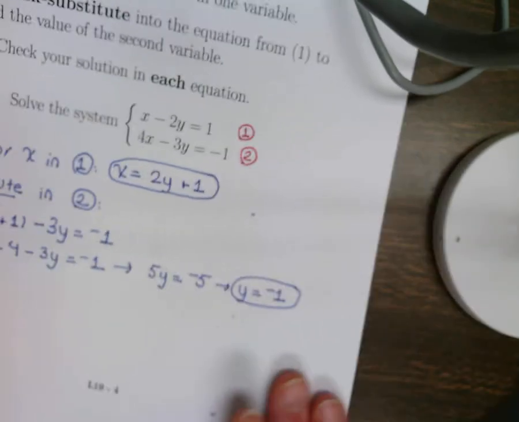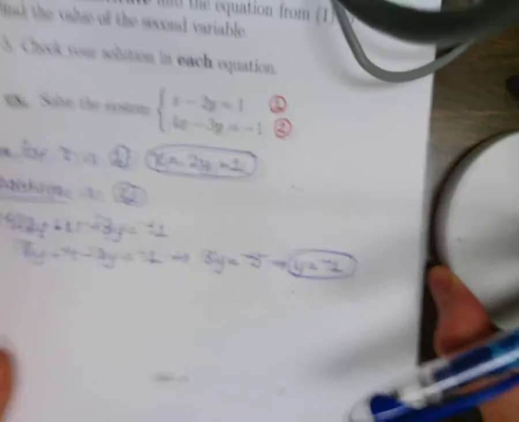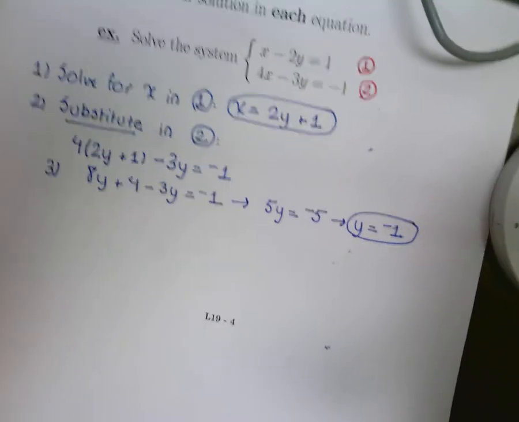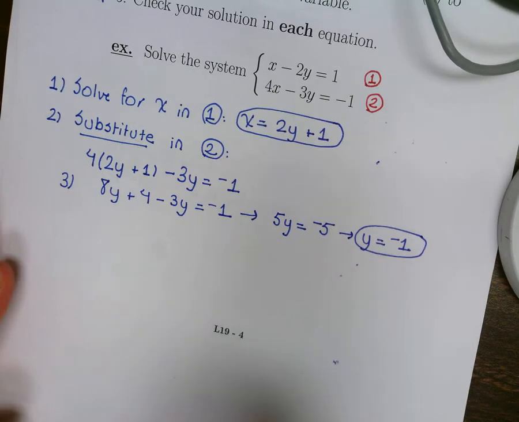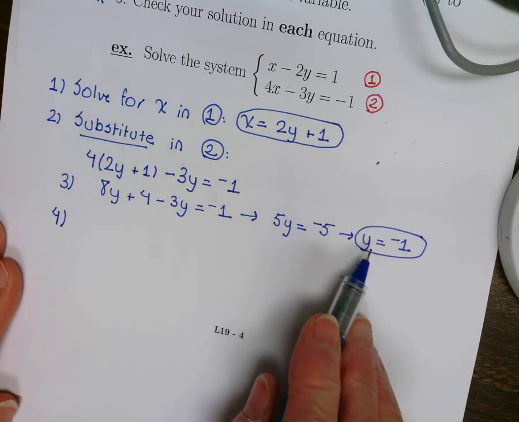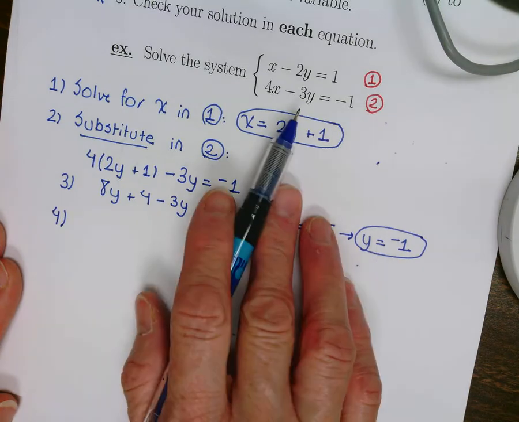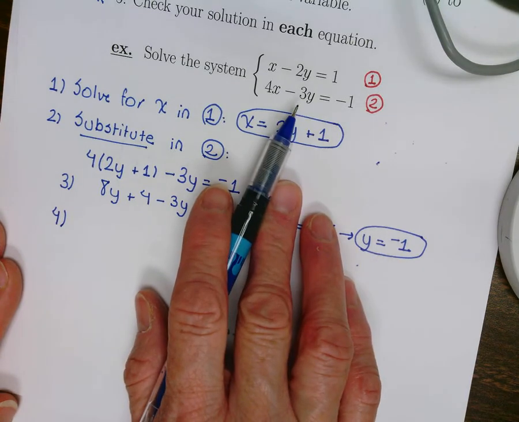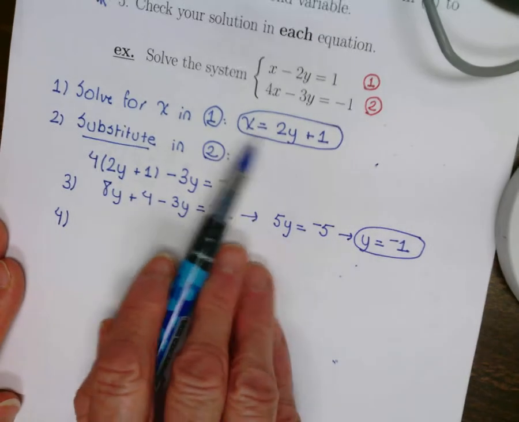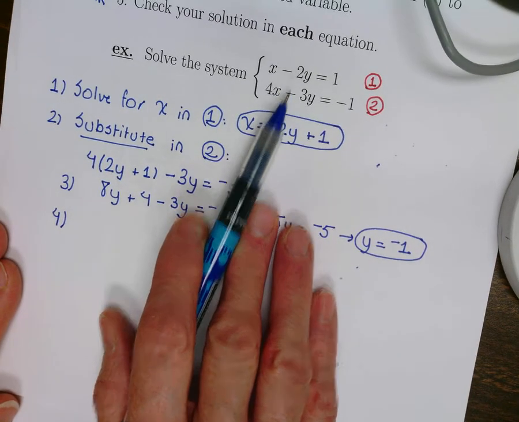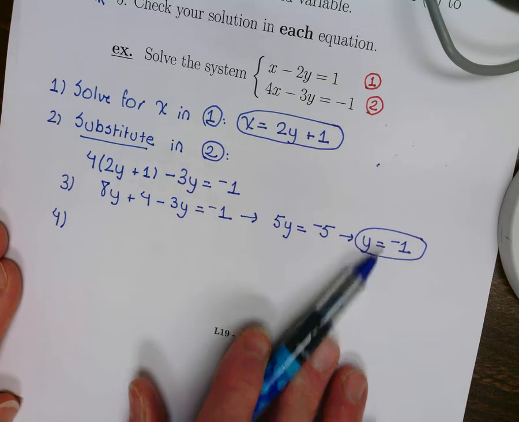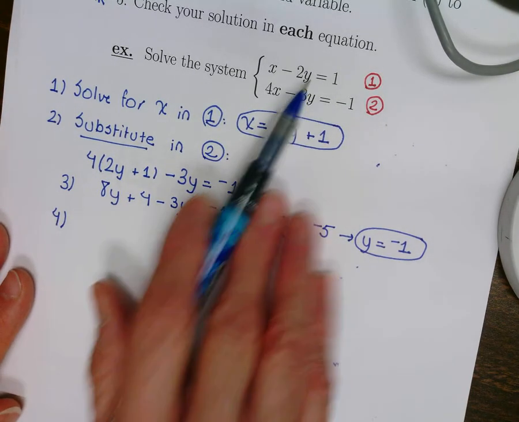Okay? And once I have that, then I will go ahead and plug that value of -1 back in. I'm going to plug it into either equation, but I'm going to go into equation 1 because I started with equation 2 in solving for y, so let's make sure it fits into equation 1.